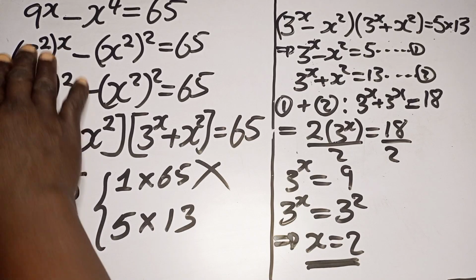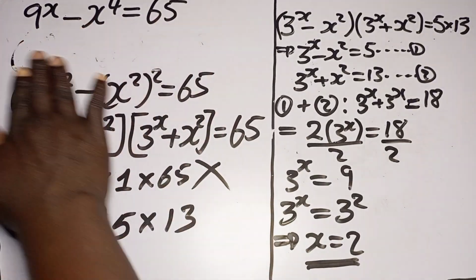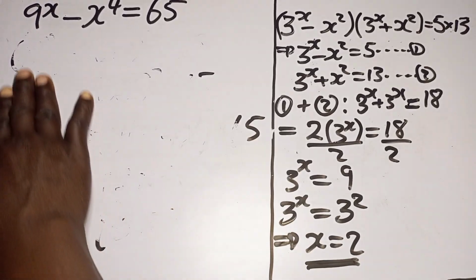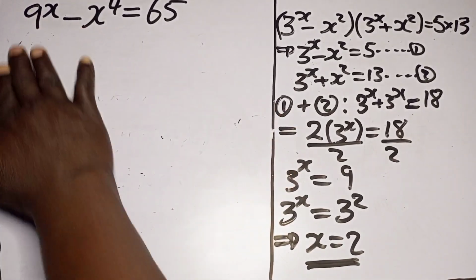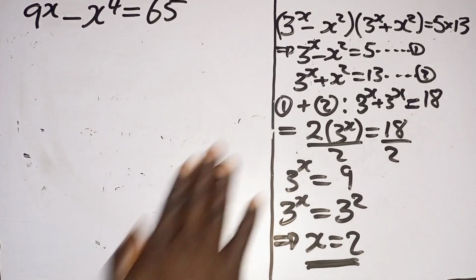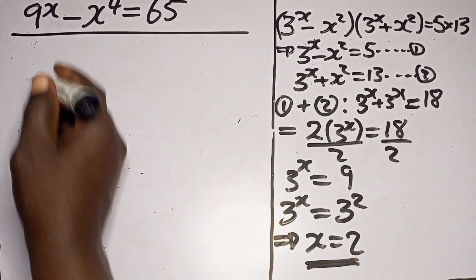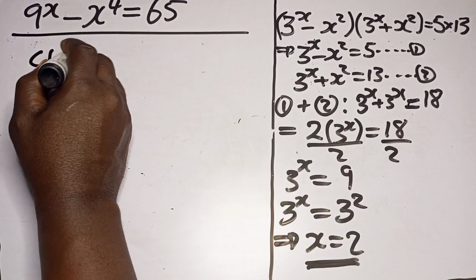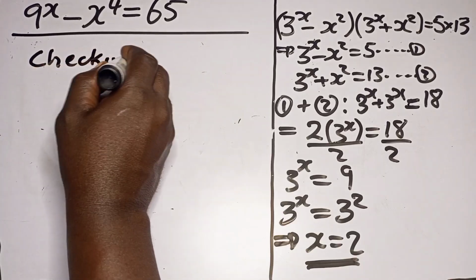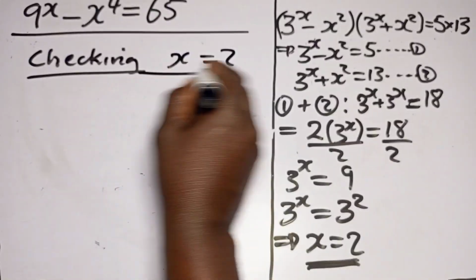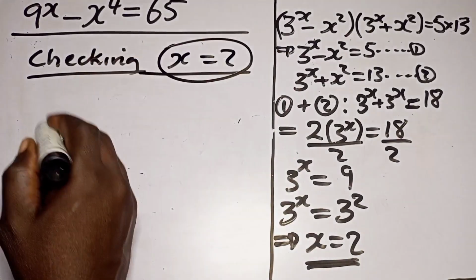Okay, so we'll put it in the two equations and see if we get the results of the right hand side. The two equations again were, so we're checking the value x equals 2.